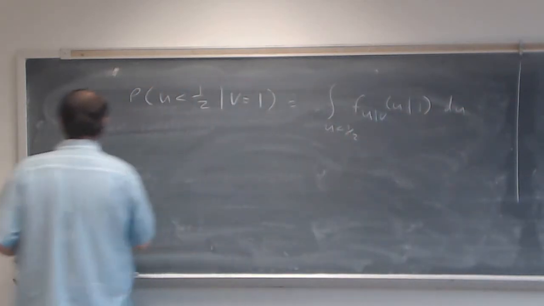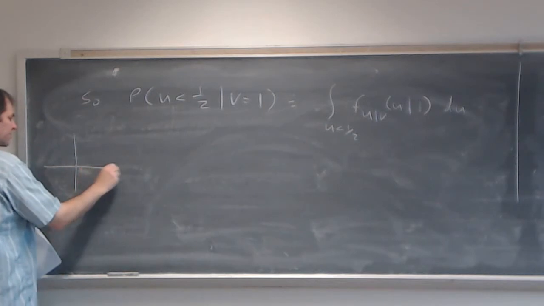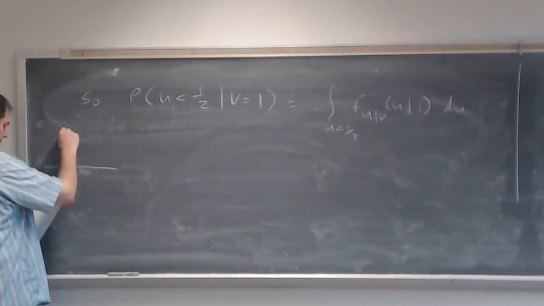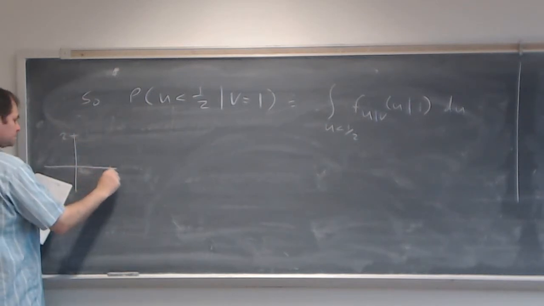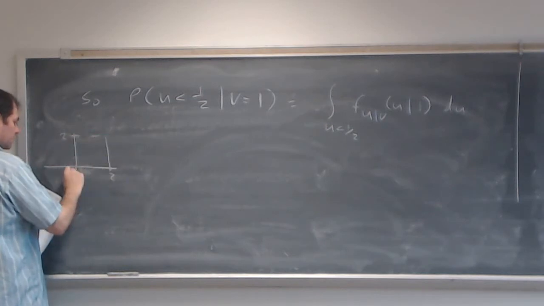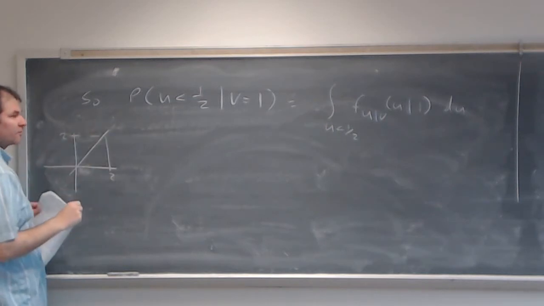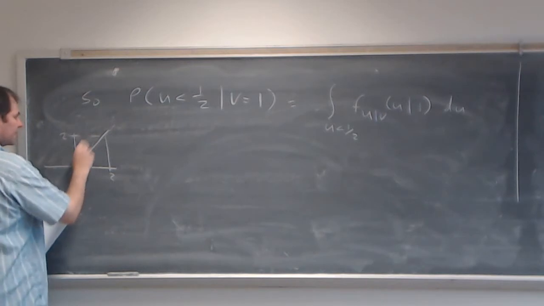Okay, so I need to describe this. Let me draw the picture again. I think we had it from 0 to 2. U equal to V. This was the region right here.